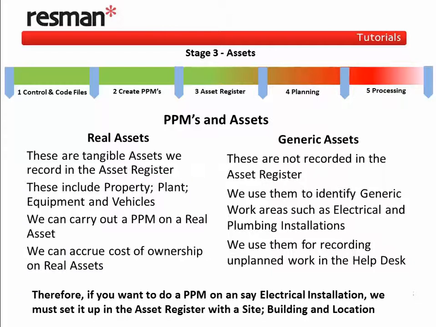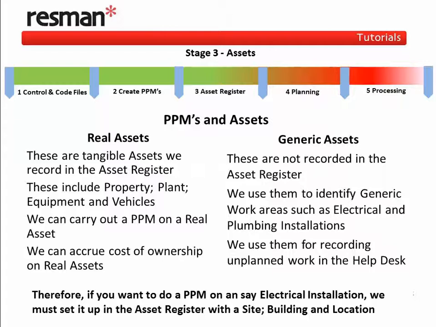Now that our PPMs have been created, we can look at the asset register and at a typical asset and see how straightforward it is to add one or more PPMs. Just before we look at the assets, those users who utilize the help desk will be familiar with the term generic assets.